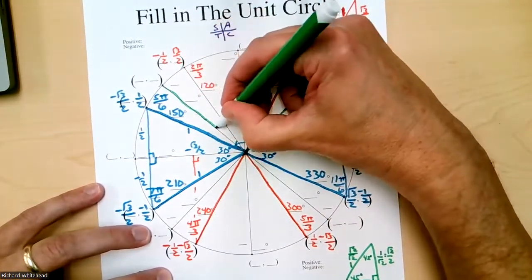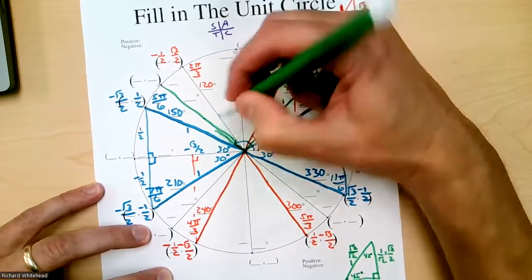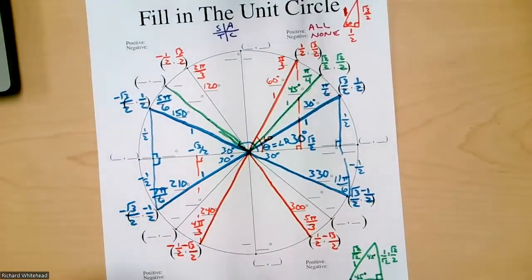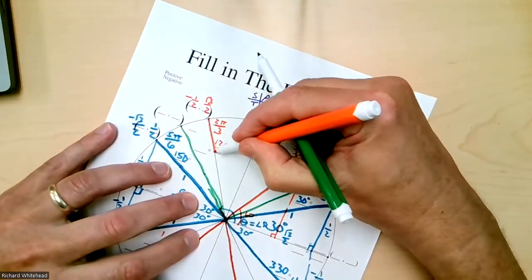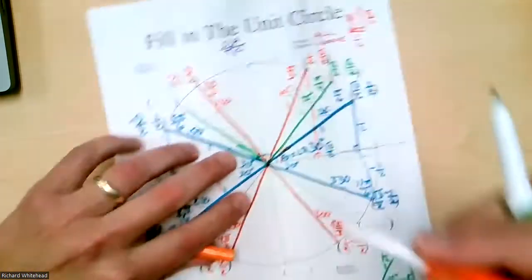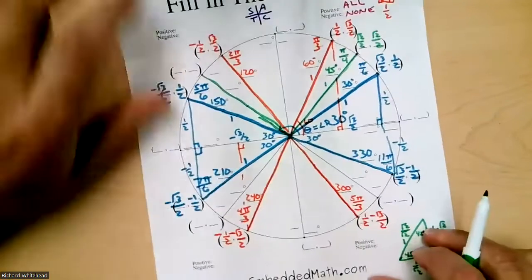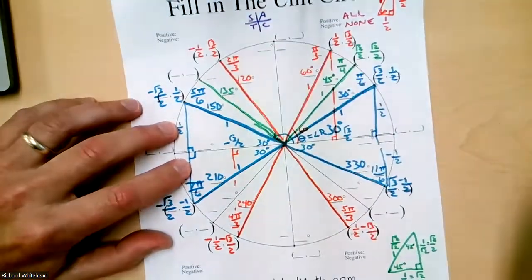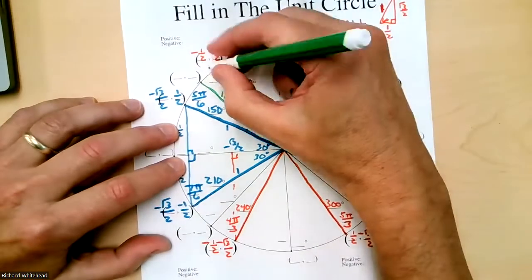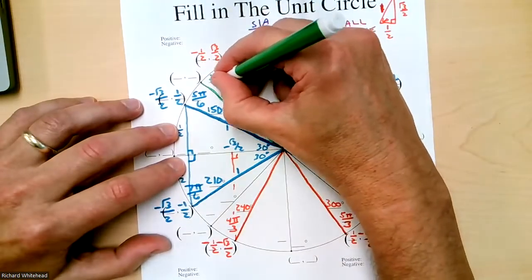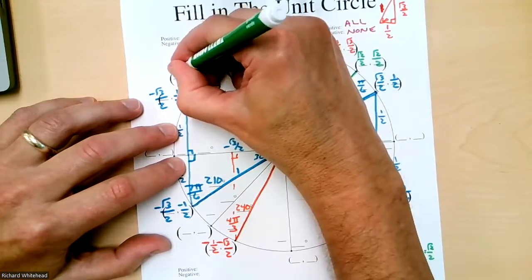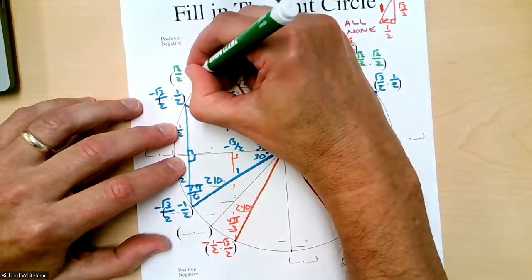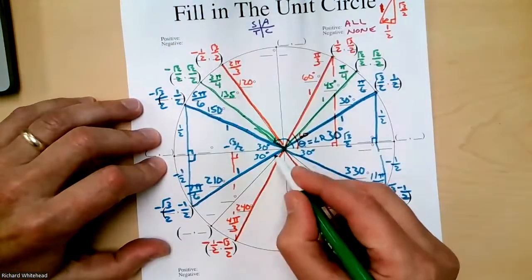Second quadrant, I forgot to put my orange on here. Second quadrant, that's 135, did that in another video, and 3 pi over 4. And it's still root 2 over 2, except now the x is negative.